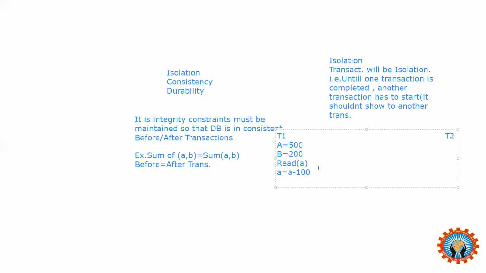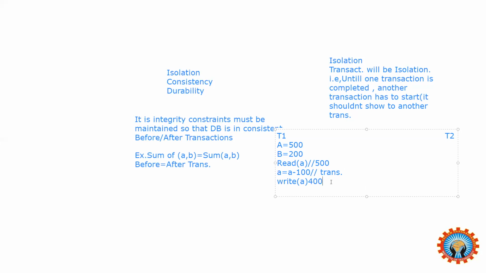This is the debiting, as you already know. The transaction is happening, and after that, when you say write of A, the value is now 400.